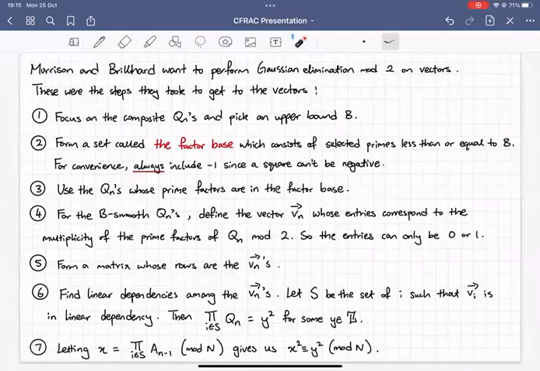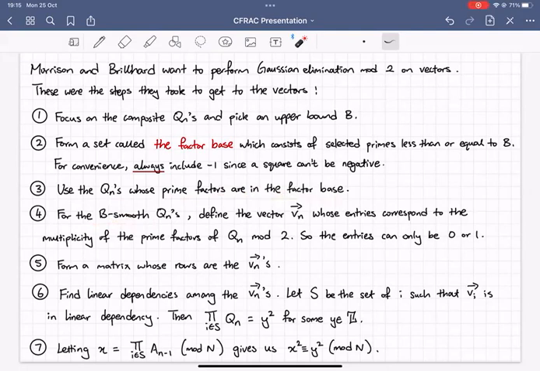Okay, now you use the QNs whose prime factors are in the factor base. If you don't understand what this step means, there's going to be an example later on. I'll talk through all 7 of these steps clearly. So for the B smooth QNs, if a QN has prime factors which are in the factor base, it is by definition B smooth.